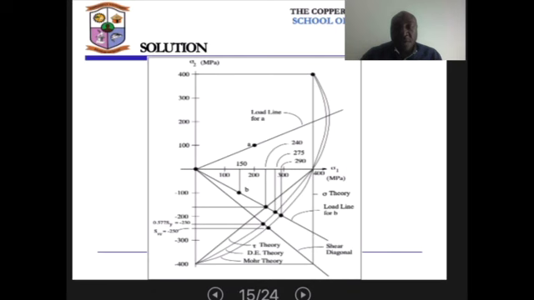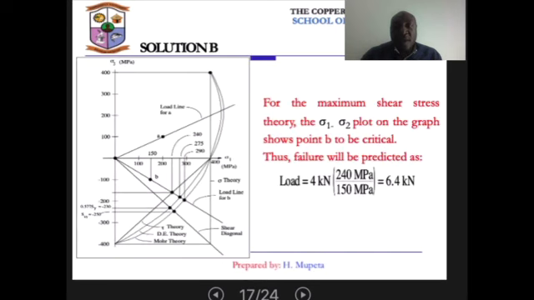So at this point, you get our value there, 240. So we're going to get the 240 divided by 150 here, where we have a critical point, and the answer you get multiplied by the test load from the question gives you the load according to the maximum shear stress, which is 6.4. You're going to do the same for the distortional energy.